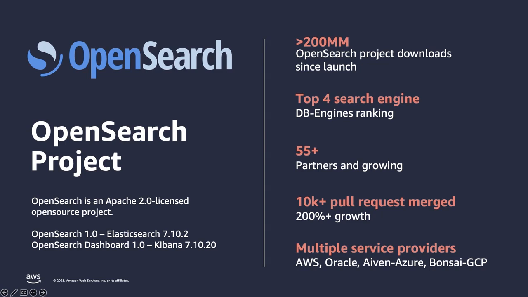Historically, OpenSearch was derived from Elasticsearch version 7.10.2, which is the last version of Elasticsearch that uses Apache 2 license as an open source project, while the OpenSearch Dashboards is forked or derived from Kibana project version 7.10.2. Since then, we have built a number of different features like security, anomaly detection, alerting, observability plugins, search relevance, and so much more.